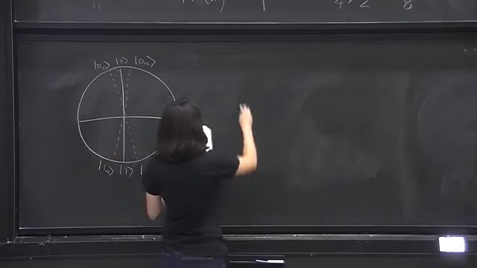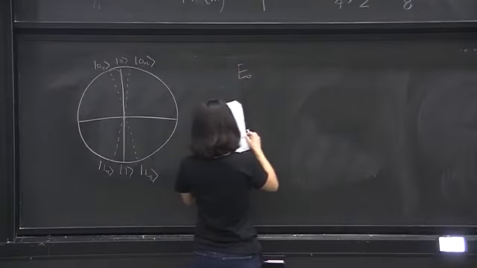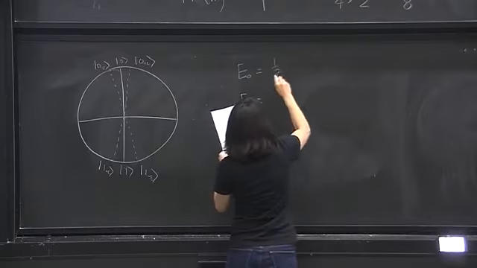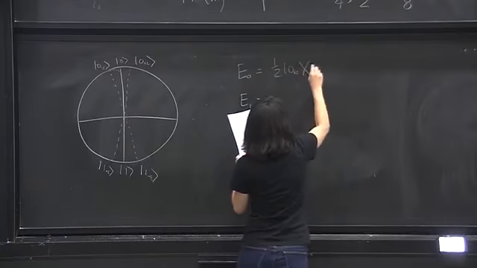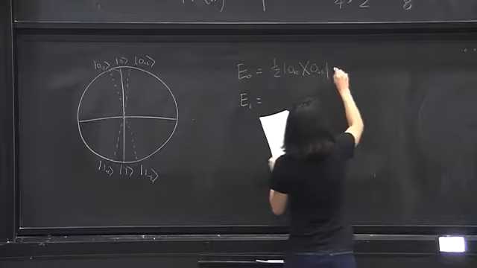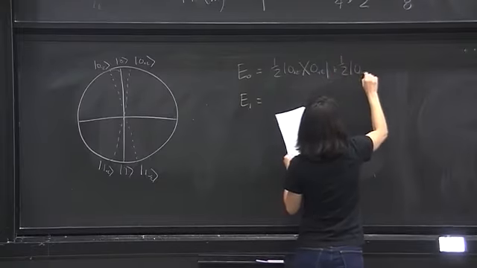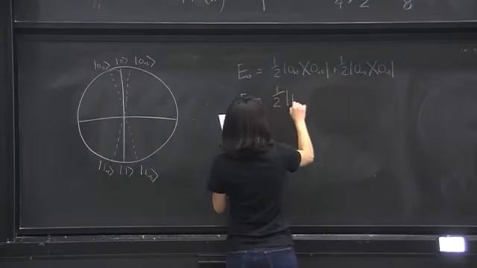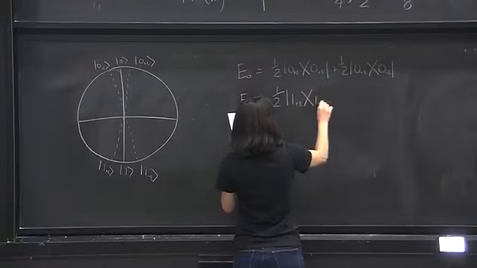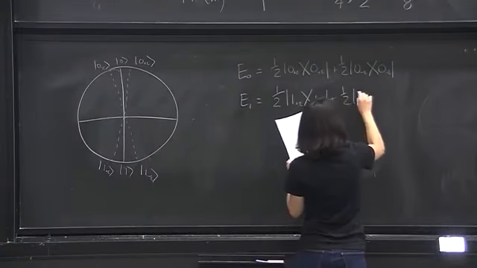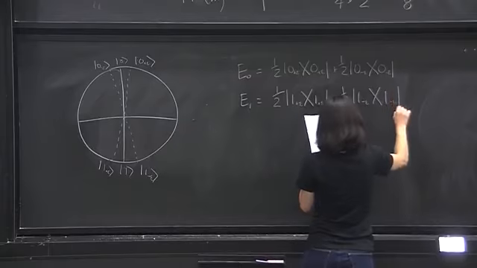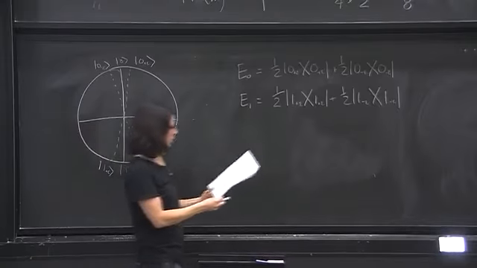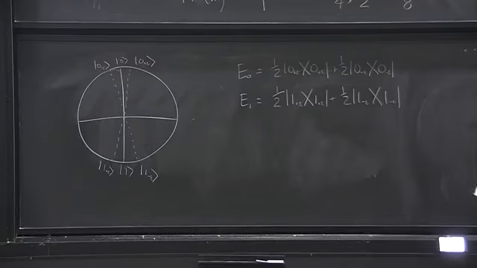So the POVMs that describe this would be E0 and E1. So there's only 2 of them, but now we have 4 possible measurement operators.